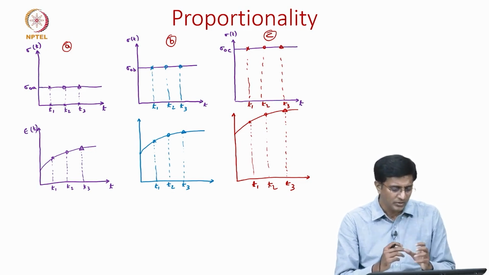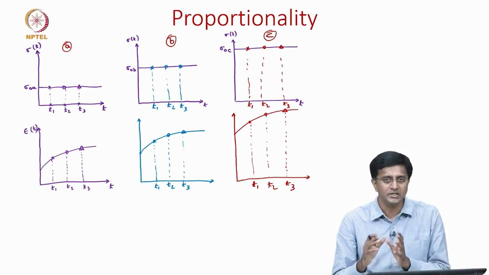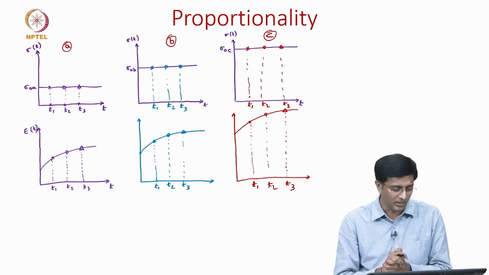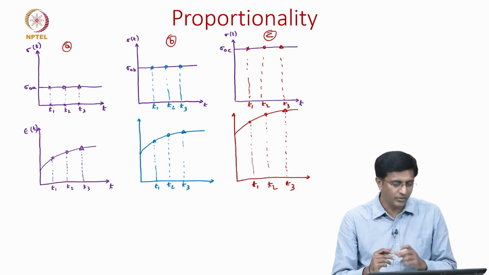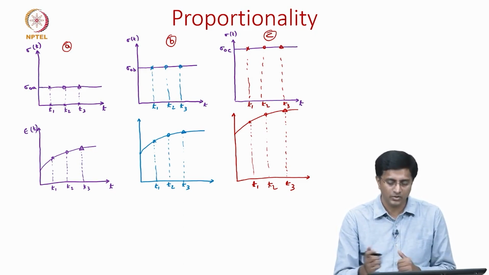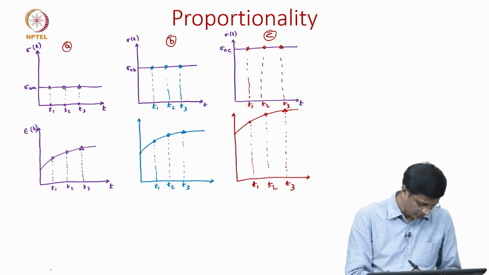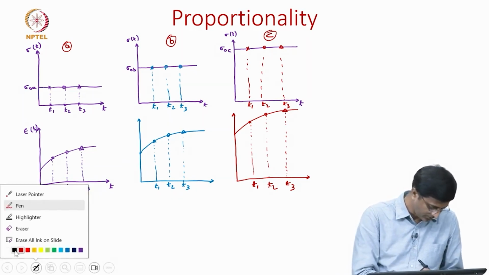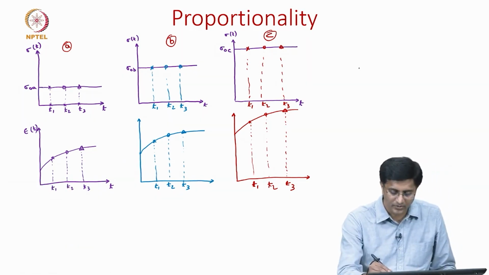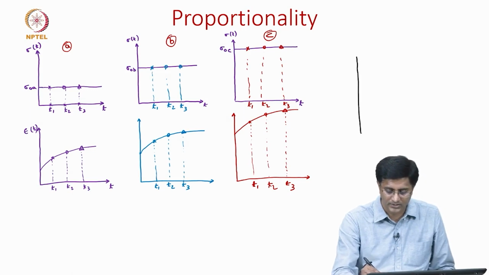Now what we will do is we will try to plot it in a single graph. And how do we plot it? So we want to plot the stress strain response. So let me take a different color now. So let us say we are looking at the stress and strain.